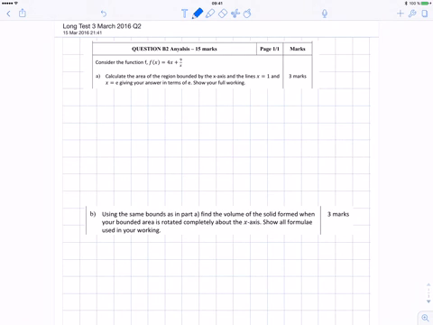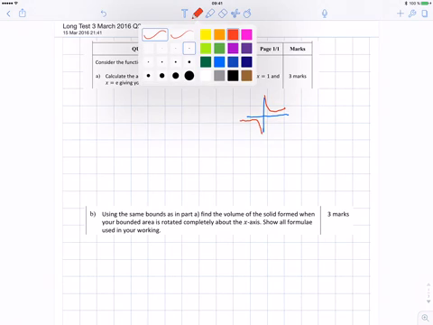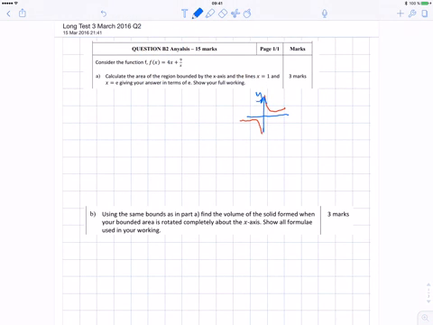And I'm getting something along the lines of, let's do this in red, something on the lines of that, where obviously that's y, and that is x.